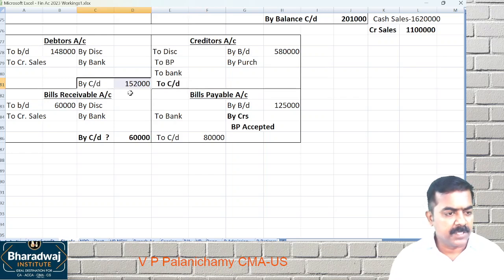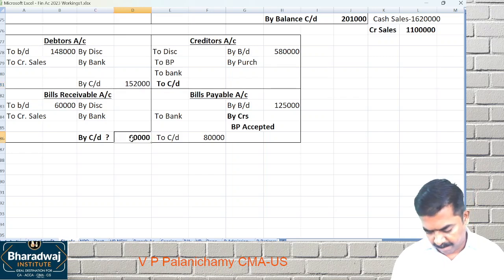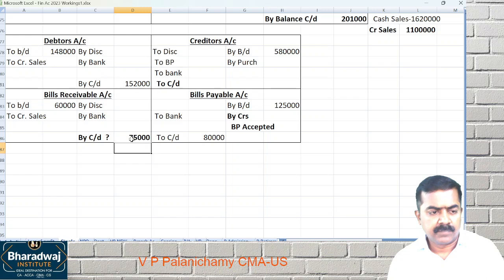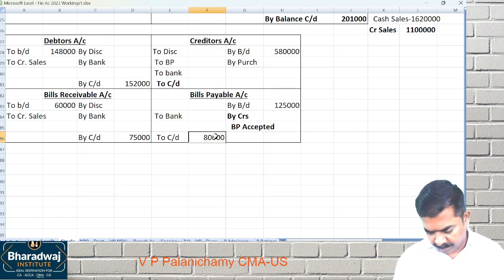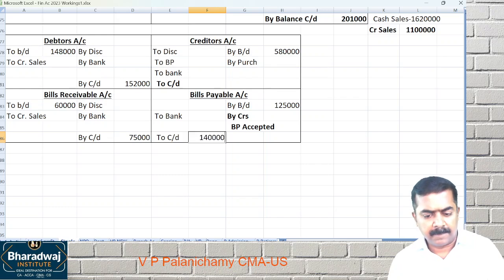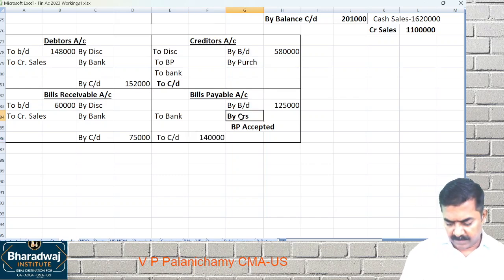Bills receivable closing balance, 75,000 is given to us. Bills payable closing balance, 1,40,000 bills payable.